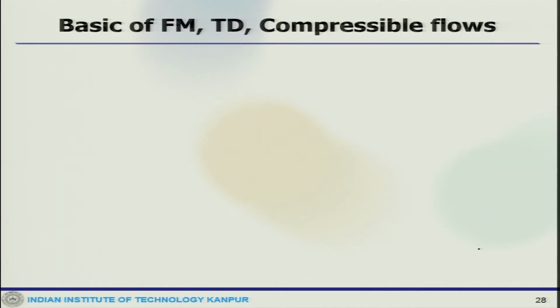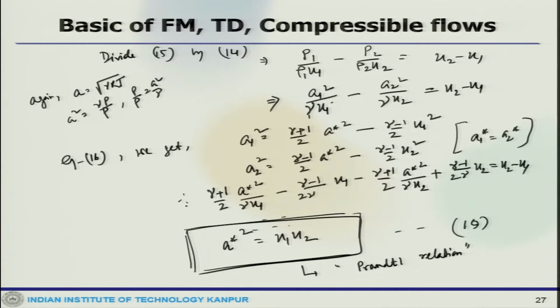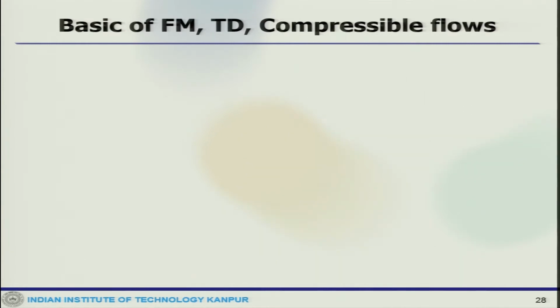Now let us say from here what we have is (gamma plus 1) by 2 gamma u1 u2 (u2 minus u1) a star square plus (gamma minus 1) by 2 gamma (u2 minus u1).